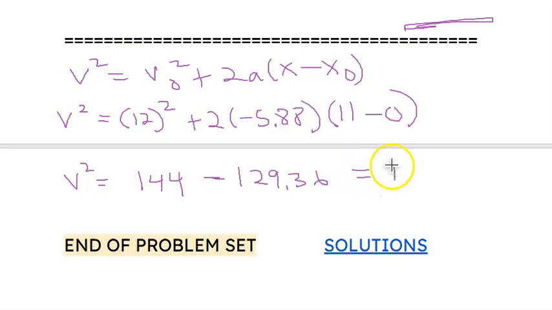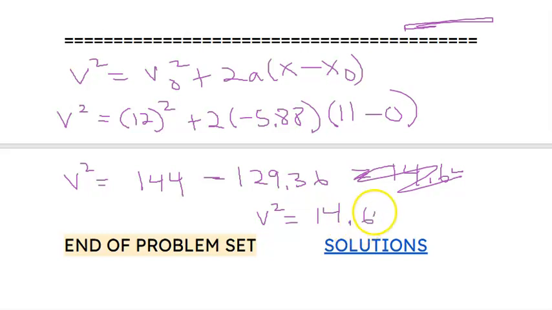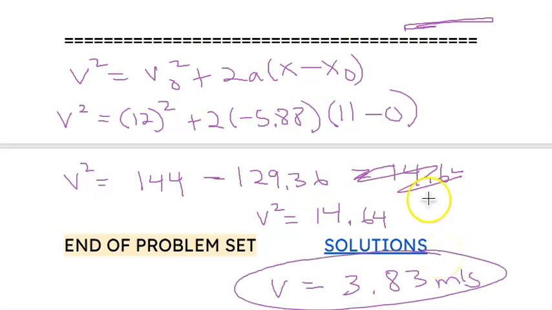So 14.64, or did I not take the square root? That seems too big. I'm just checking my work. 144. Yeah, so V squared is 14.64. So V is the square root of that. So I have some units wrong in the paper answer. So the cyclist is going 3.83 meters per second at the end of the mud flat. So they did make it through.